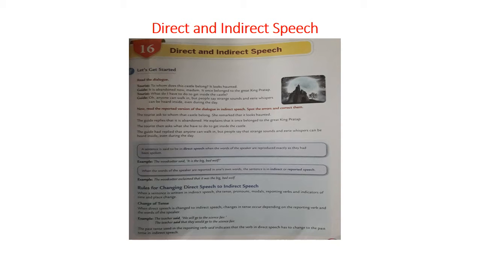So now let us listen to the difference between direct speech and indirect speech. Direct speech is the exact words of the speaker, whereas indirect speech is the speaker's words repeated by someone else in his or her own words. In direct speech, the words of the speaker are enclosed within inverted commas, whereas in indirect speech, since the exact words of the speaker are not reproduced, the inverted commas are removed.